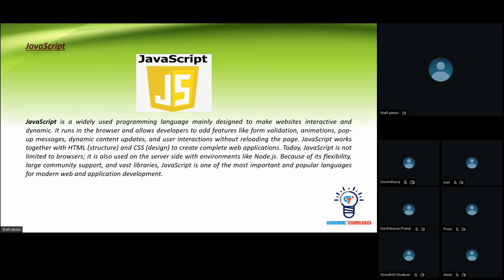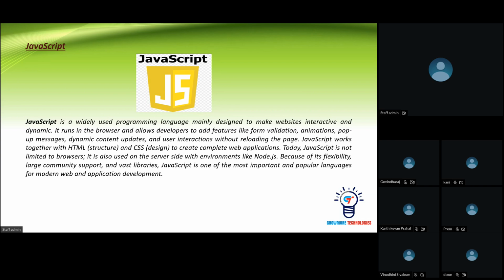JavaScript is a widely used programming language mainly designed to make websites interactive and dynamic. It runs in the browser and allows developers to add features like form validations, animation, pop-up messages, dynamic content updates, and user interaction without reloading the page.